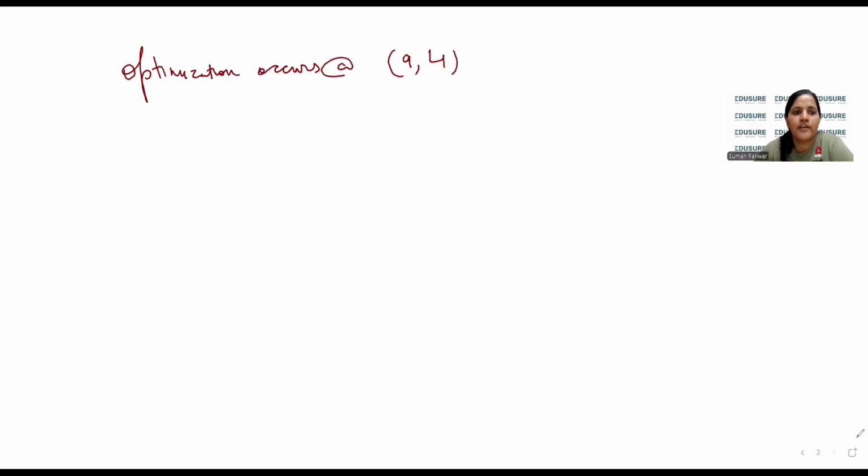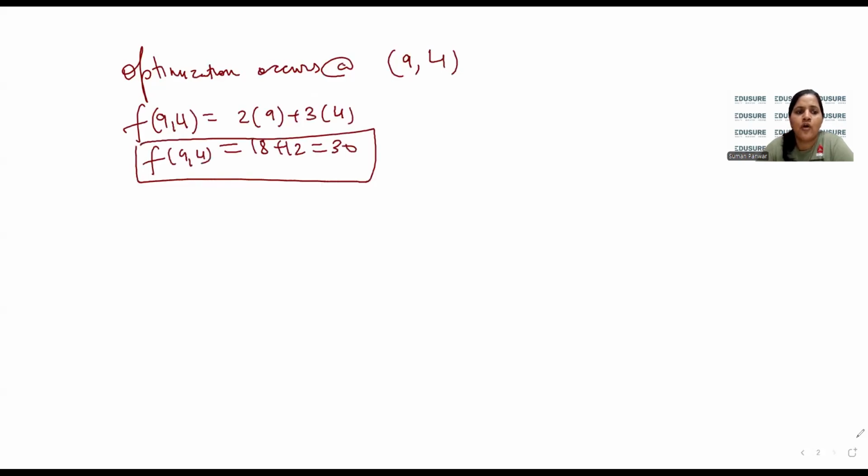So f of (9, 4) is 2 times 9 plus 3 times 4, which is 18 plus 12 equals 30. So this is our optimum value. Also note that our constraint is root x plus root y, and root x plus root y is equal to 5.